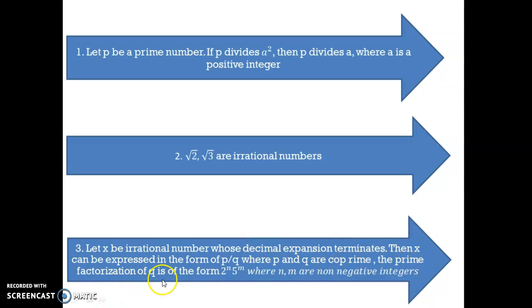Then the prime factorization of q, the denominator of such a fraction, can be expressed in the form of 2 raised to the power of n into 5 raised to the power of m, where n and m are non-negative integers. That means the denominator is in the form of powers of 2 and powers of 5 if the number has a decimal expansion which terminates.